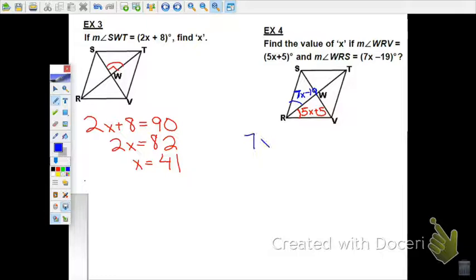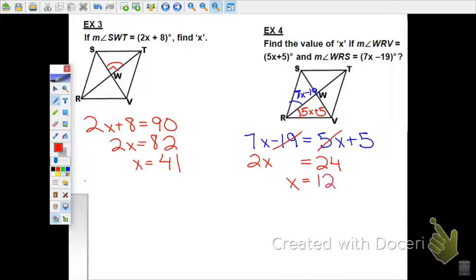So I know that 7x minus 19 equals 5x plus 5. So if I subtract 5x, I'm left with 2x. I'll add 19 to get 24. So x is equal to 12. So those are the rhombuses or rhombi.